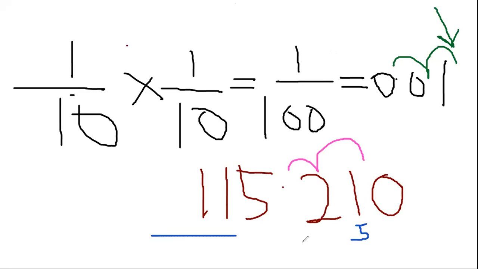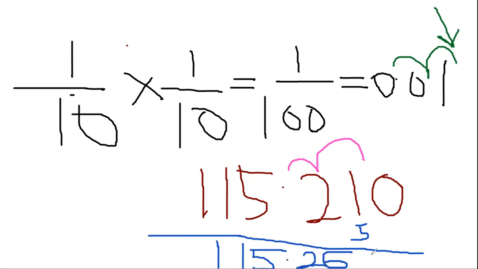So eventually, that will be 115.260. That's how. What if I want to add 10 pips to this, which is also very simple? What do I do, class?